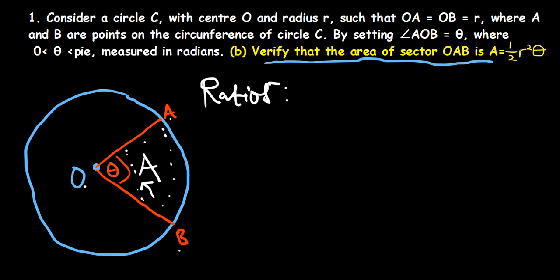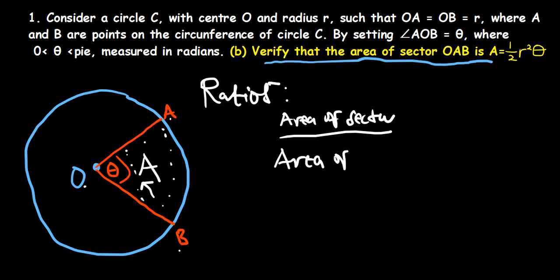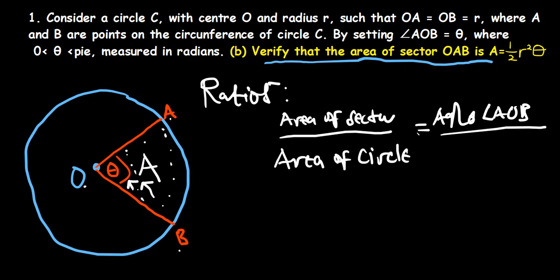So this ratio is the area of the sector divided by the area of the entire circle, equals the angle AOB divided by the total angle around this center.